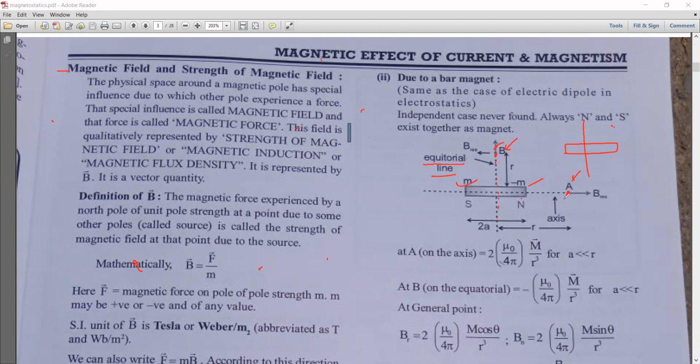Same thing we had done in case of electrostatics. If we have a dipole, suppose we have a plus q and minus q, right? So it becomes a dipole, and because of the dipole, what will be the electric field on the axis and on the perpendicular line?